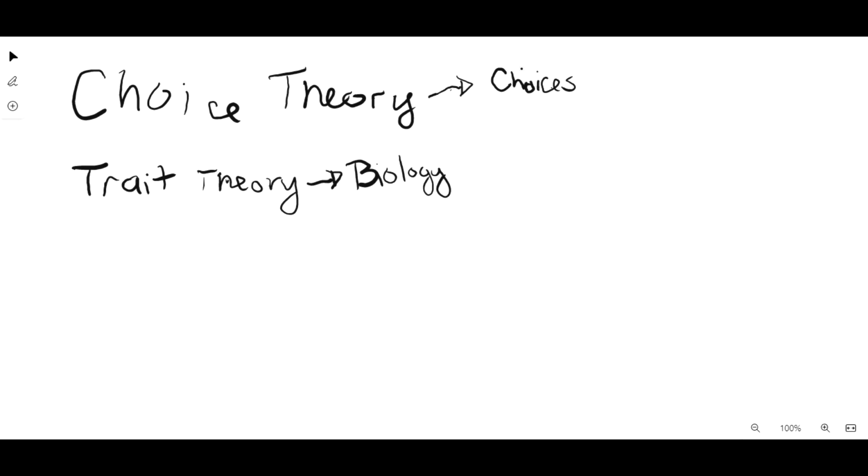Choice theory suggests that juvenile offenders are rational decision makers who choose to engage. The idea is an individual chooses the life of crime. They choose to participate. Whereas trait theory argues that biological markers, as well as possibly social markers, influence an individual, and these are the things that lead to juvenile delinquents.